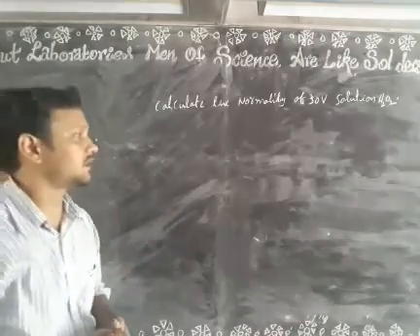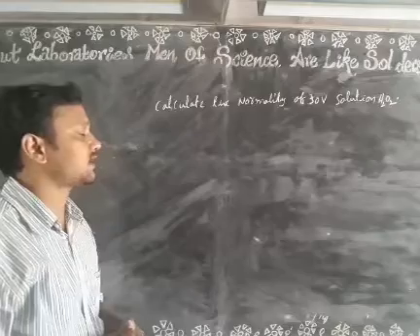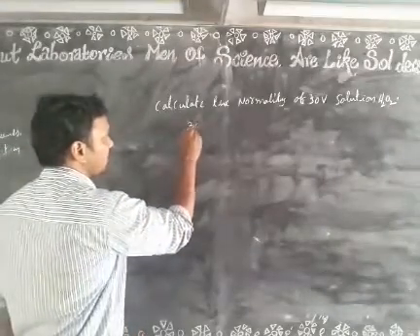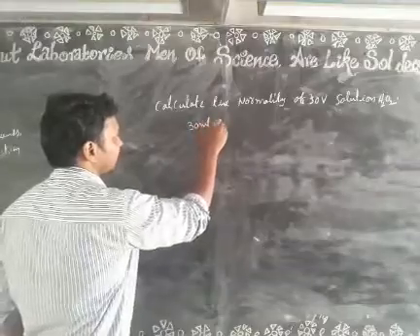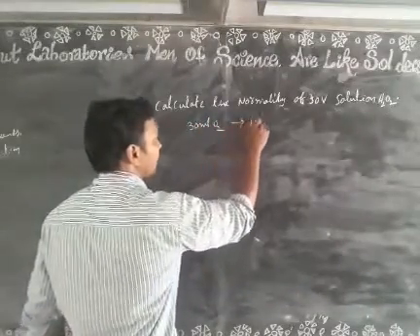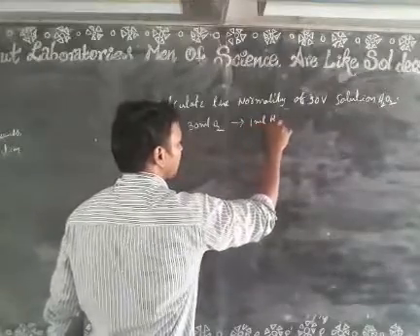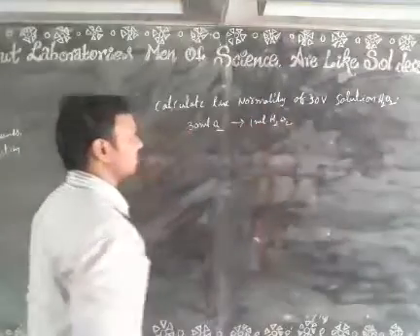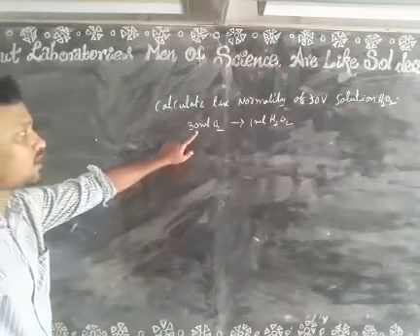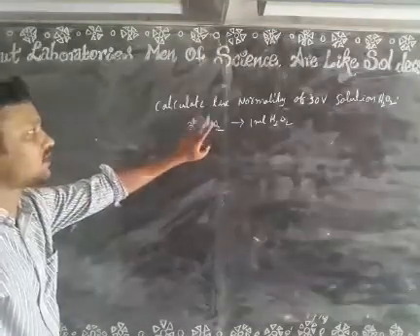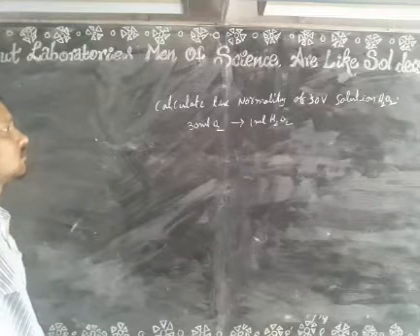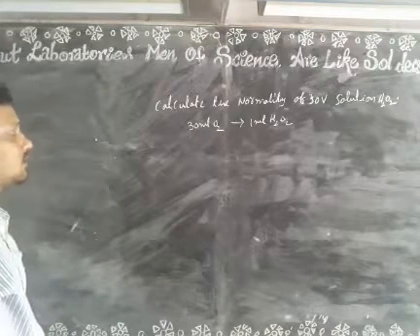I already discussed that. 30 volume means 30 ml of oxygen is formed when 1 ml of hydrogen peroxide is decomposed. So it is called 30 volume of the solution.